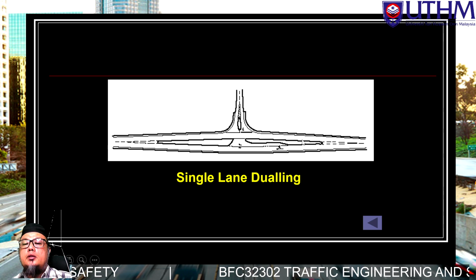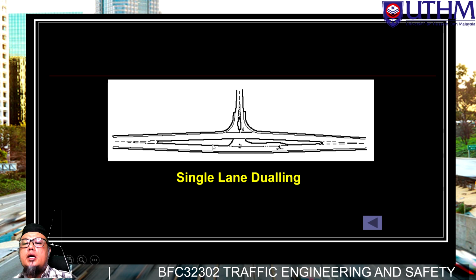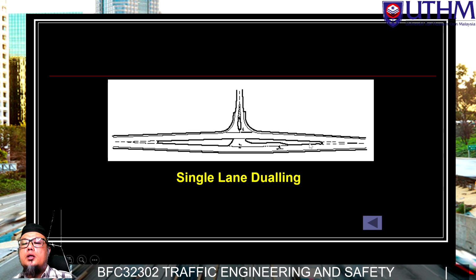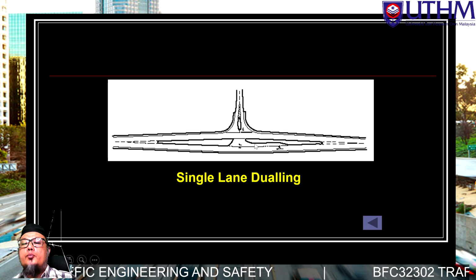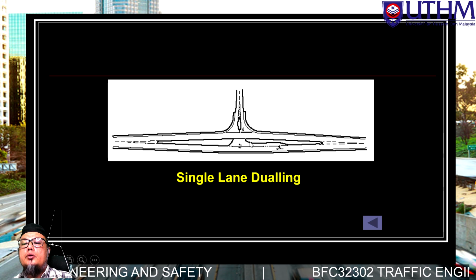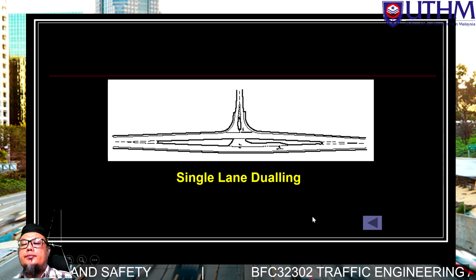Can you see this one? It has a design in the middle, a physical island, an artificial island that is concrete, or sometimes they put grass here. So they have some sort of flare or channelization here to protect vehicles going to the minor road from the major road, or right turners. This one is also a physical island.